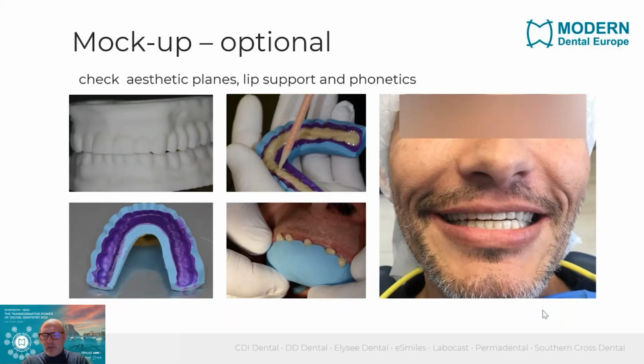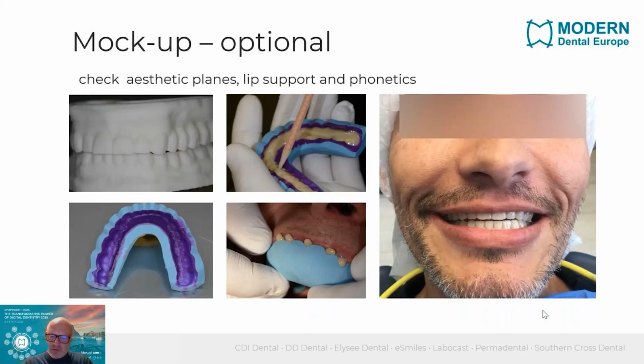This can be also age related, a little bit different, and also of course the phonetics can only be tested at this point using this kind of physical try-in or mock-up phase. So very important phonetic analysis and lip support, which we cannot perform virtually.